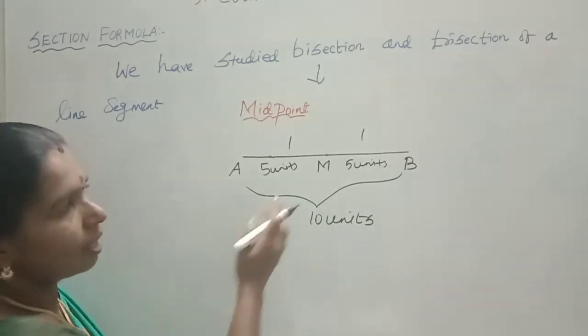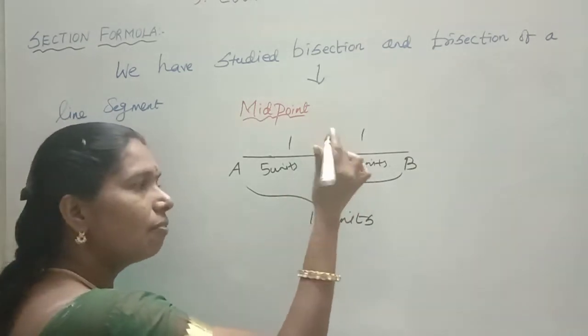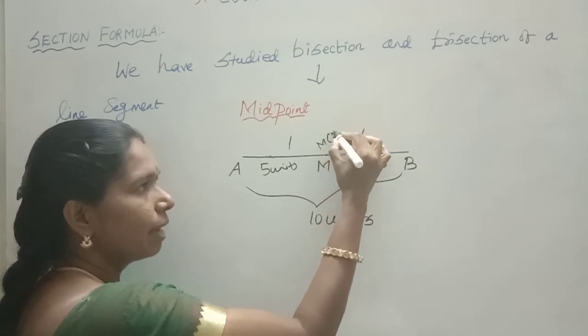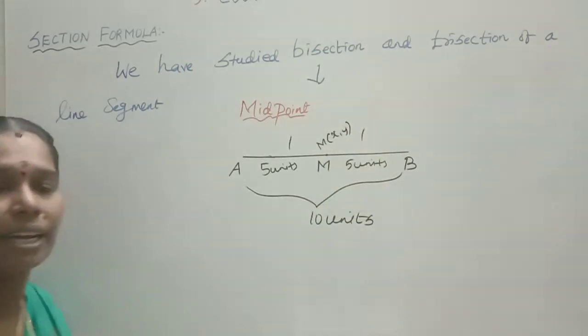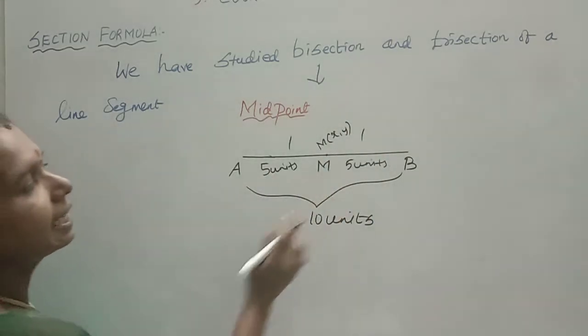Then we have studied the formula for finding the midpoint M of x comma y. What is the formula for finding the midpoint of the line AB?